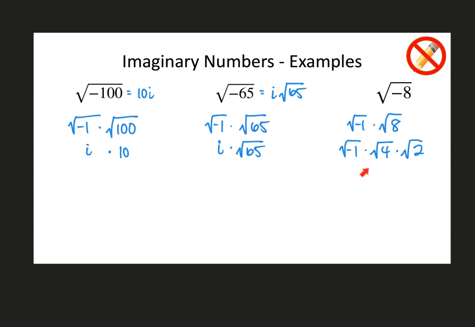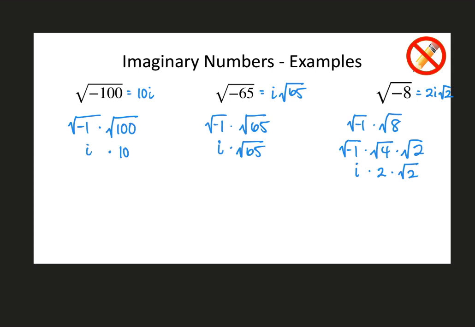So we can see negative 1 times 4 is negative 4, negative 4 times 2 is negative 8, and this can be fully simplified: the square root of negative 1 is i, the square root of 4 is 2, and the square root of 2 can't be simplified. So we can rewrite the square root of negative 8 as 2i times the square root of 2.